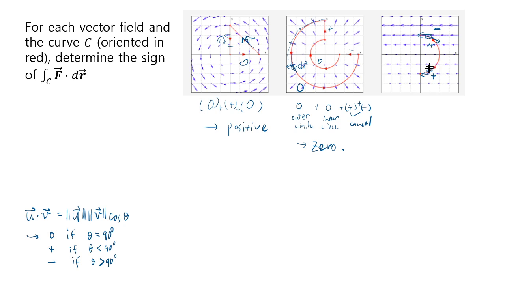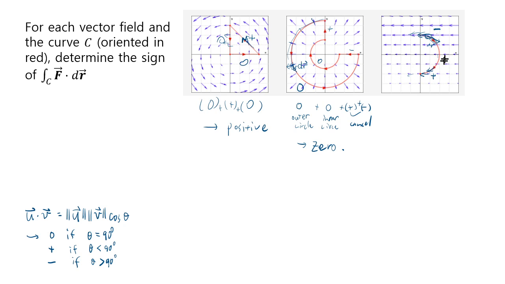So now you're going to wonder whether it's going to be the same case as before, where here they were exactly the same thing but opposite signs. Is that the case here? Well, here it's not the case because over here the vector fields are larger, so this line integral on this part will be very negative, whereas over here when you integrate, the vector field is very small, right?